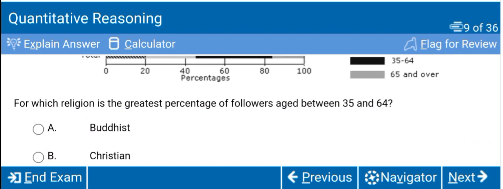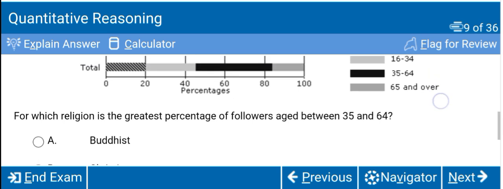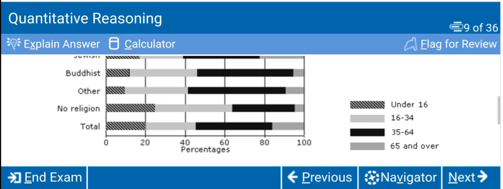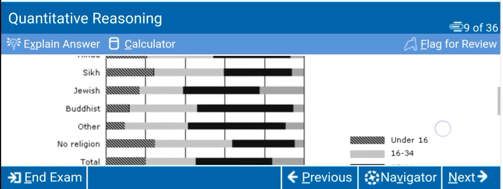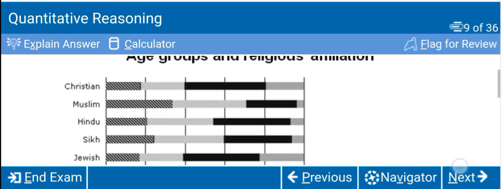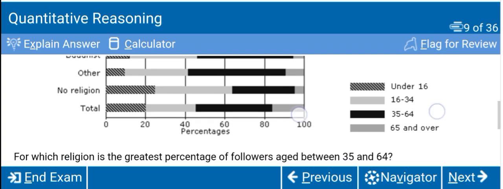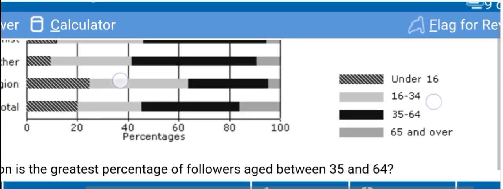So the question is, for which religion is the greatest percentage of followers aged between 35 and 64? Here you can see for 35 to 64 we have this black bold box.